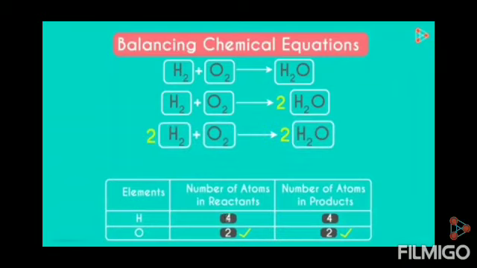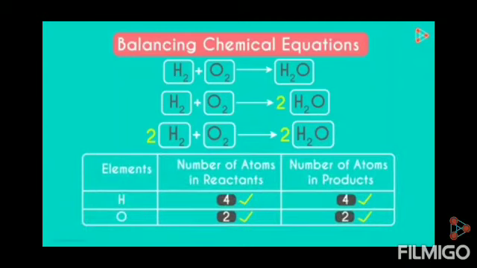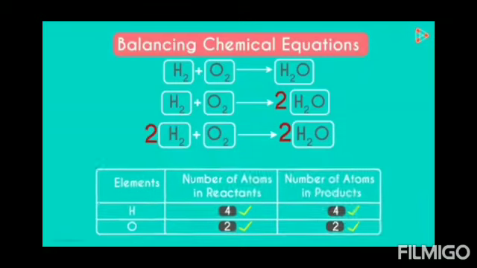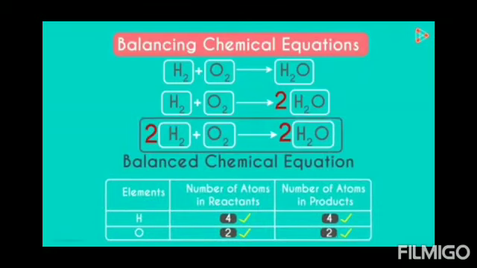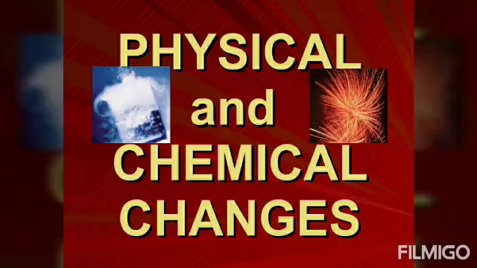So after multiplying by 2 in the reactant side, we now have hydrogen 4 in the reactants and 4 in the product also. Oxygen is 2 in the reactant and the same 2 in the product. Now this reaction is balanced. Hope you understand, students. That means for balancing a chemical equation, you need to compare both the sides.